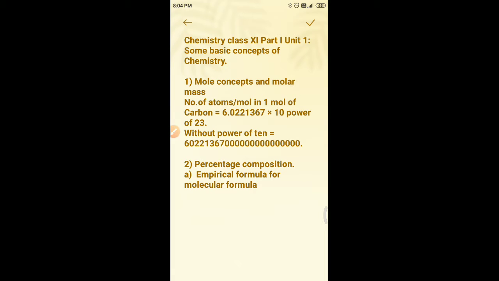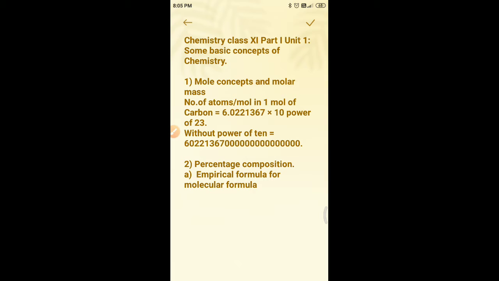This much big number is very difficult to keep in our mind. So for convenience, we can write it as 6.0221367 × 10^23 atoms per mole.